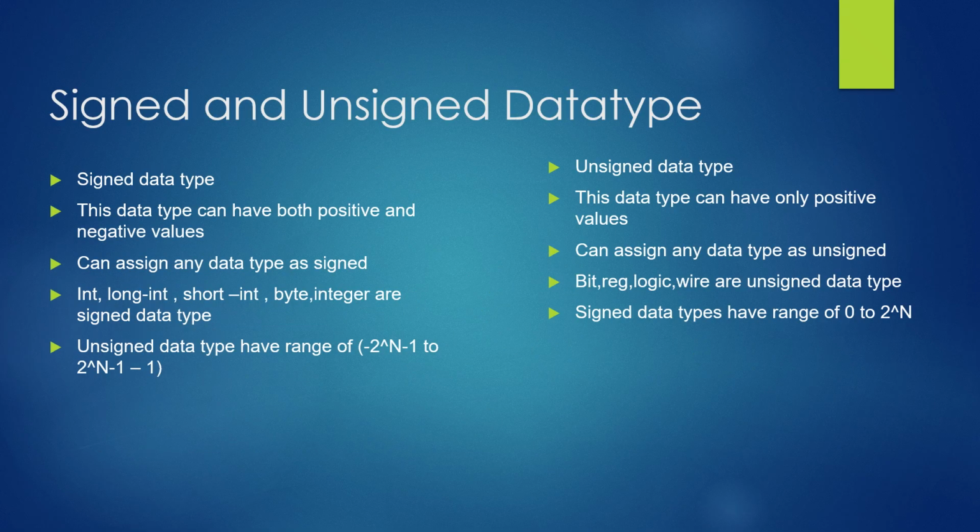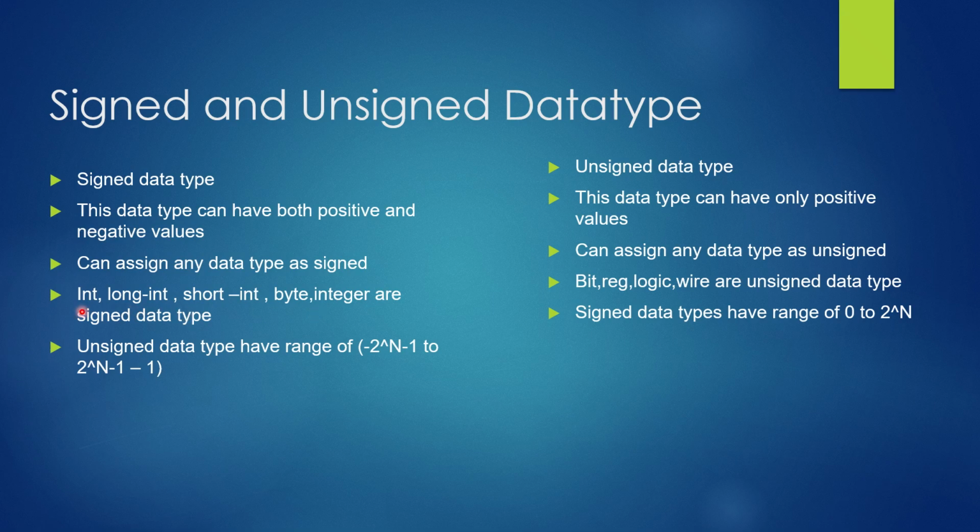So these are the signed and unsigned data types. By default, each data type is defined as signed or unsigned, which means whether it holds only positive values or positive and negative values. If it is a signed data type, it can hold both positive and negative values. If it is unsigned, it can hold only positive values.